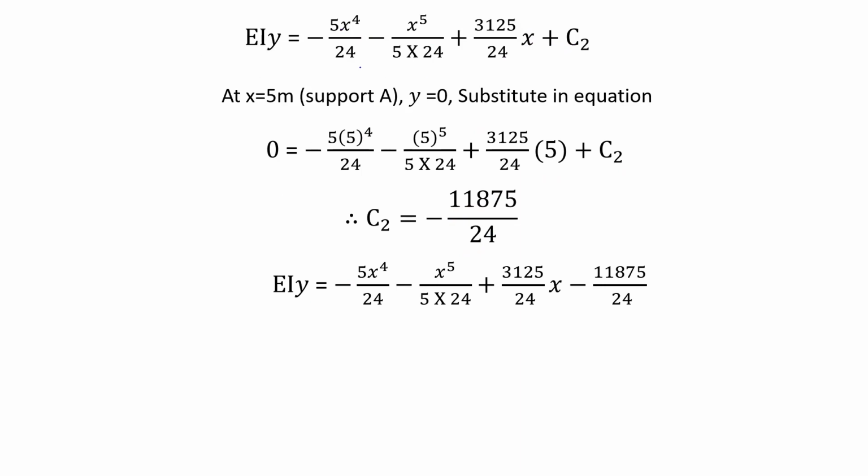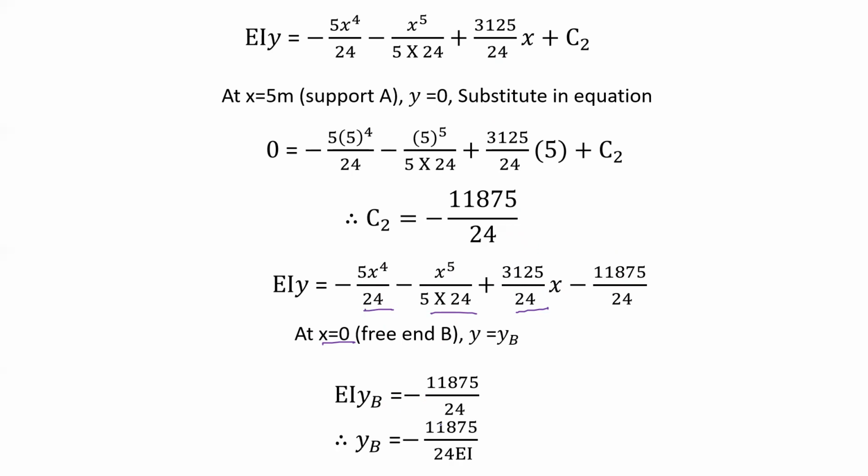From this we get the equation of EIy by substituting the values: minus 5x to the power 4 upon 24 minus x to the power 5 upon 5 into 24 plus 3125 upon 24 x minus 11875 upon 24. Now we want the value at x equal to 0, the free end, where y equals yB. All terms containing x become 0, and therefore EIyB is minus 11875 upon 24.